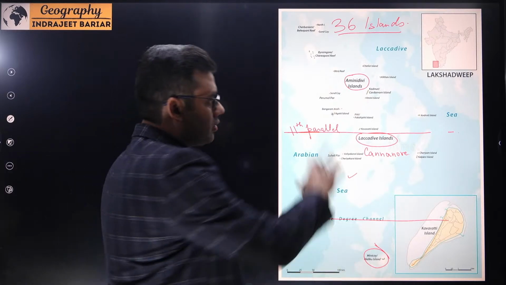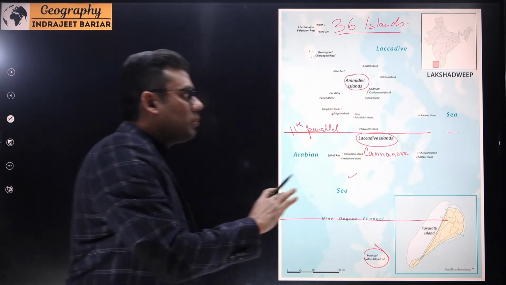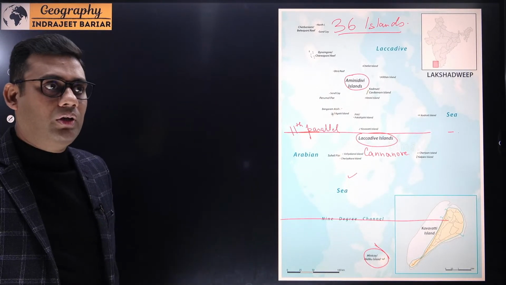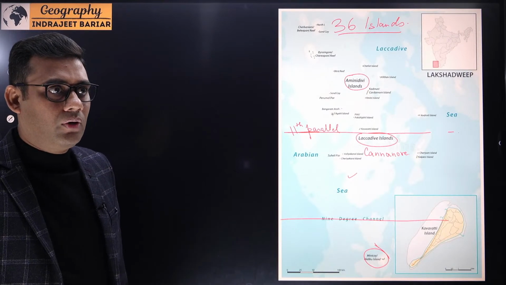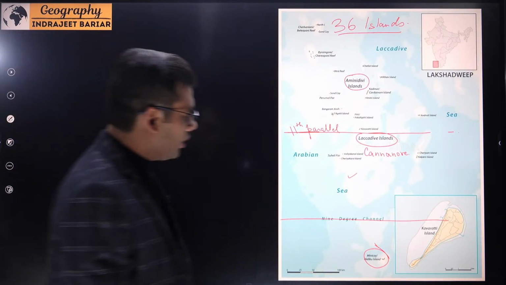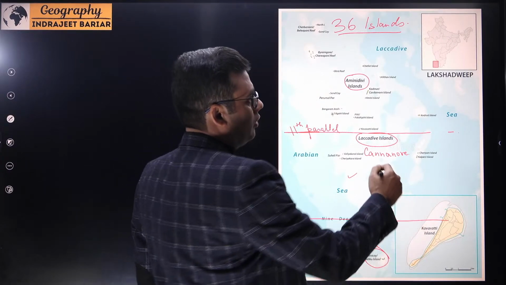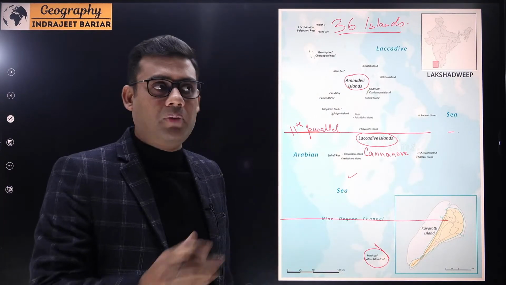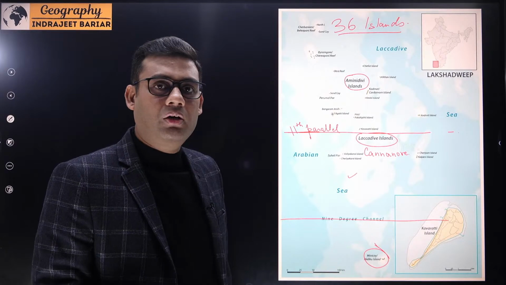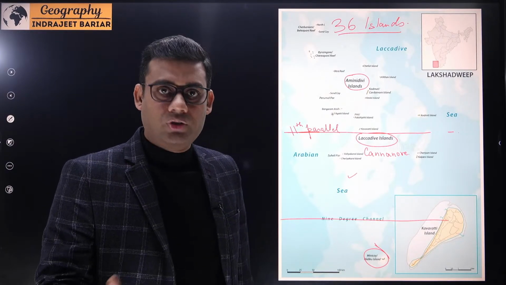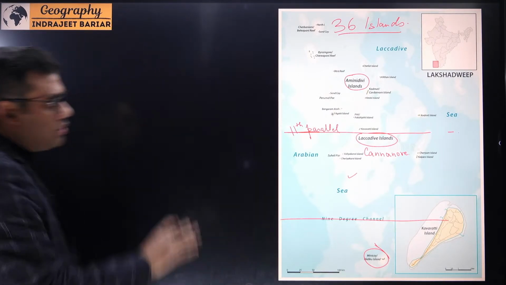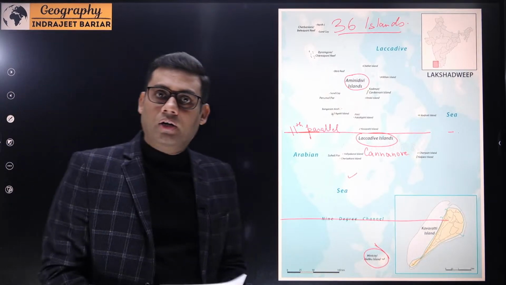So this is the aspect related to the Lakshadweep Islands. Now the nearest location in mainland India to the Lakshadweep Islands would be Kochi. So this is about the Lakshadweep Island group.